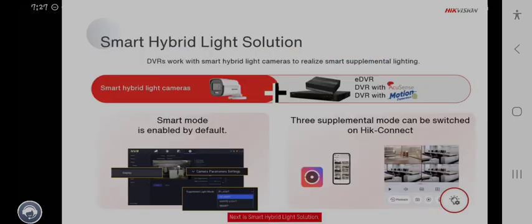Next is the Smart Hybrid Light Solution. DVRs work with smart hybrid light cameras to realize smart supplemental lighting. We can use a Smart Hybrid Light analog camera as the front-end device, and choose an eDVR, or a DVR with AccuSense, or just a DVR with Motion Detection 2.0, so that we can configure the camera's smart supplement modes on the local DVR interface, or switch the lighting mode on Hikvision.